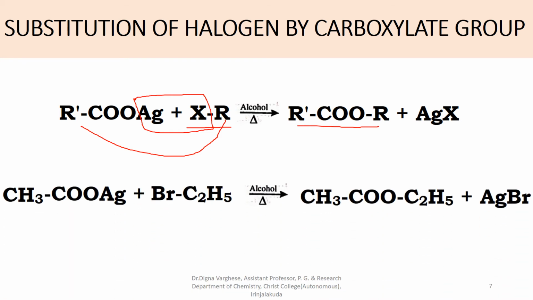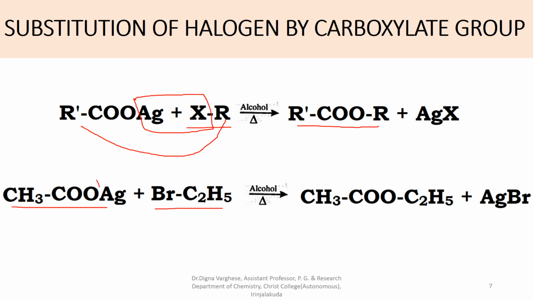Here you can see silver acetate reacts with ethyl bromide. Alcoholic solution of silver acetate reacts with ethyl bromide.